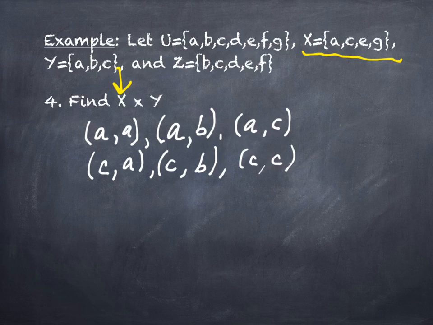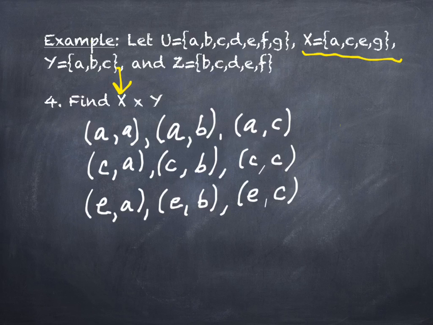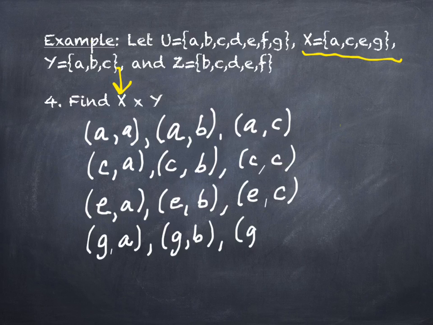No. I need to list the third item in set X, which is E. E what? EA, and then EB, and then EC. Almost done. Last item in set X is G. So I've got ordered pairs GA, and then GB, and then GC.